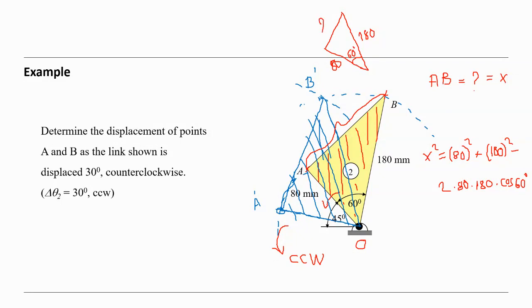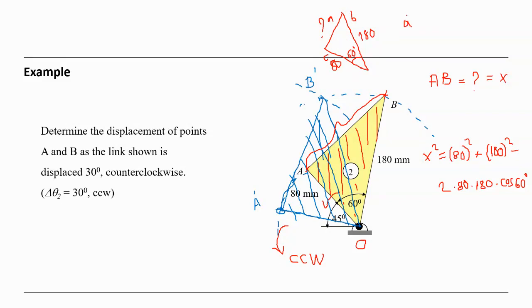We don't know this length here, so we can calculate it. Let's say this is A, B, C. Then we can write this equation.